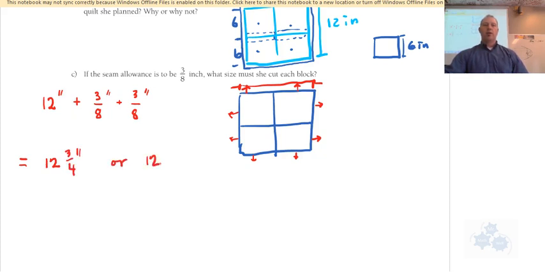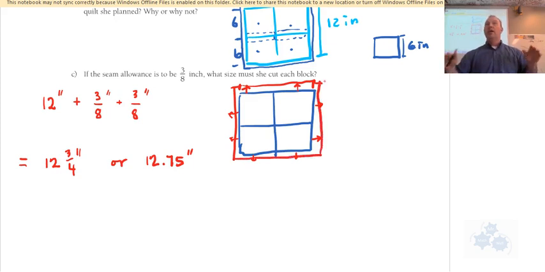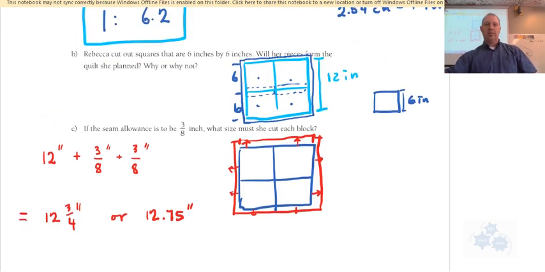Or 12.75 inches. Okay? So again, that's the actual size that each block needs to be, so that you have enough of a seam on each side so that you can sew the blocks together. Okay? Does that make sense? So you got to think about a little bit of that too.